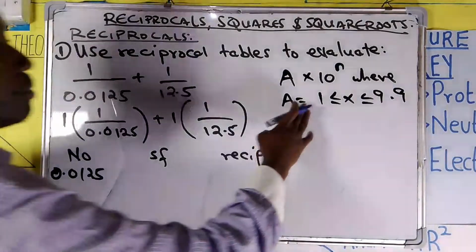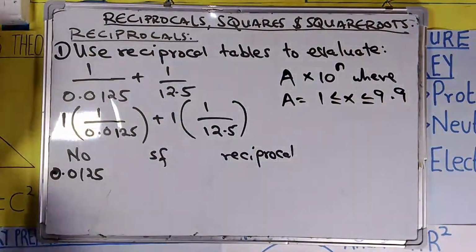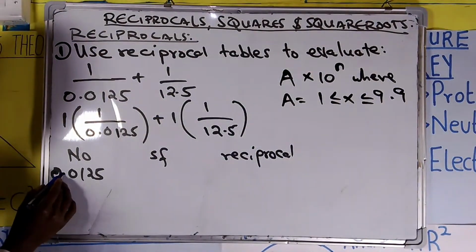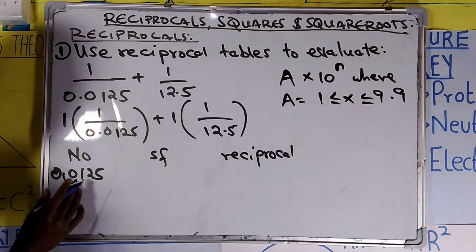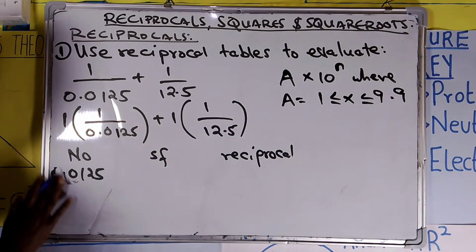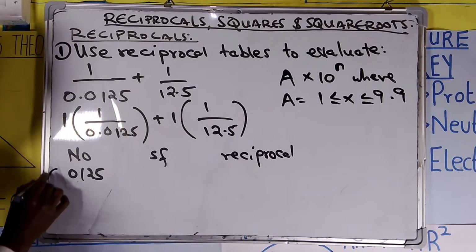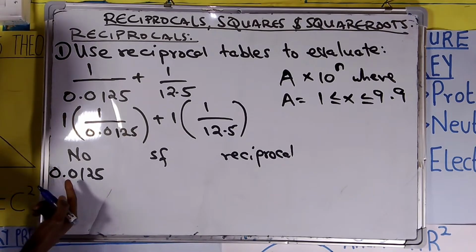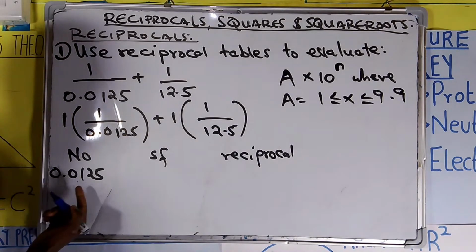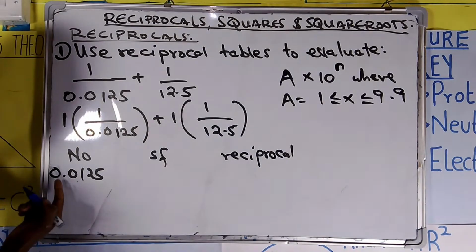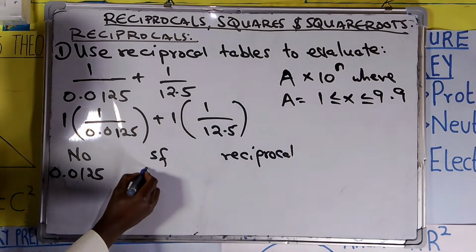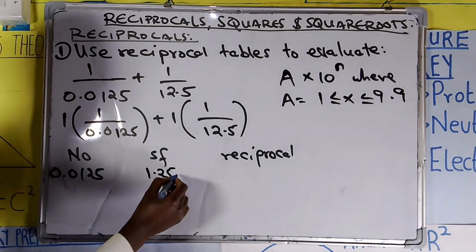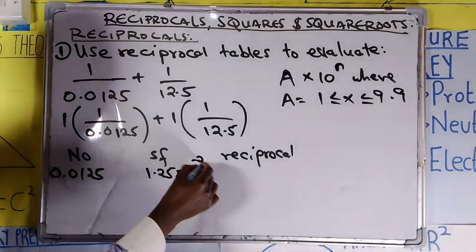So the number must be in between there. So we are going to take our decimal point towards the right, 1, 2, so that we will have 1.25 times 10 to power negative 2.